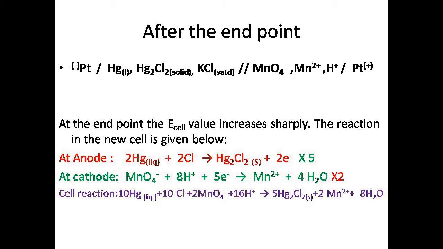The reaction in the new cell is given below. At the anode, again the mercury is converted into mercurous chloride. At the cathode, Mn7 plus is converted into Mn2 plus. The overall cell reaction, the oxidation at the anode and reduction at the cathode, is given here: Hg plus Cl minus plus MnO4 minus converted into Hg2Cl2 and Mn2 plus.